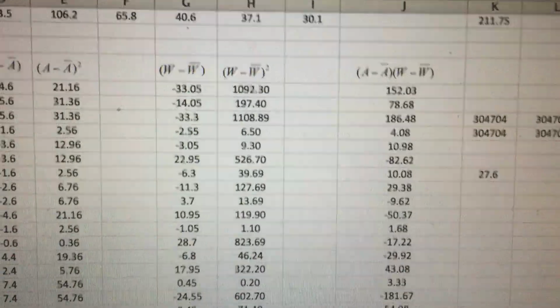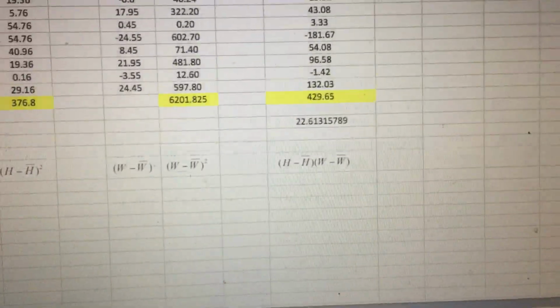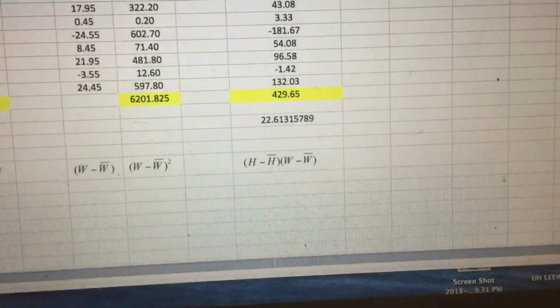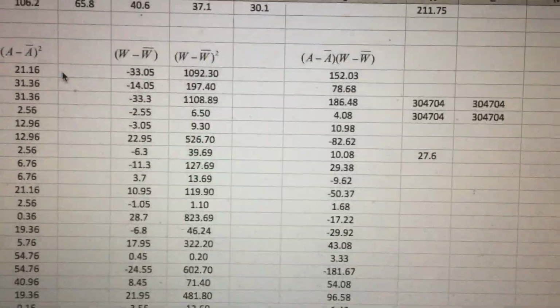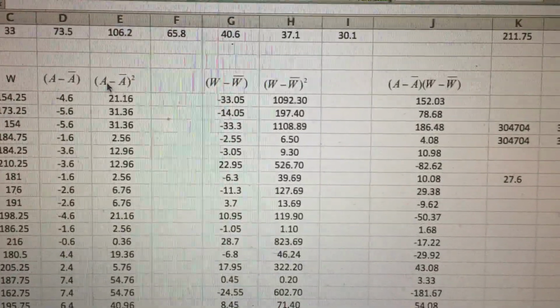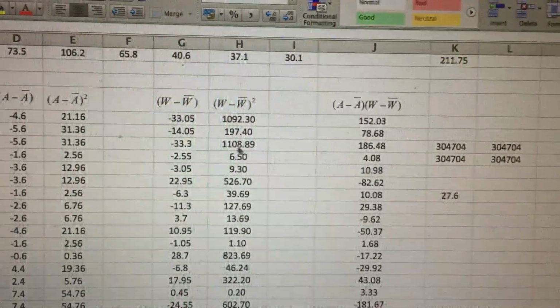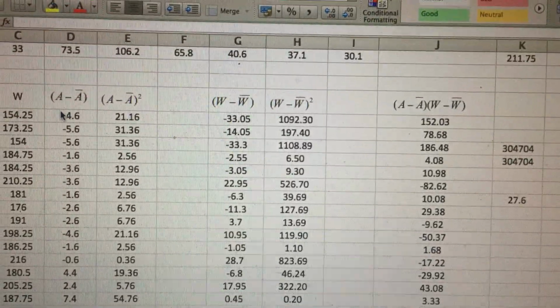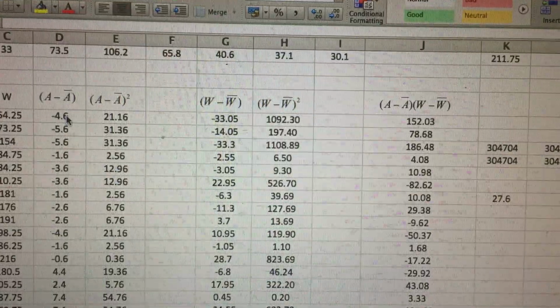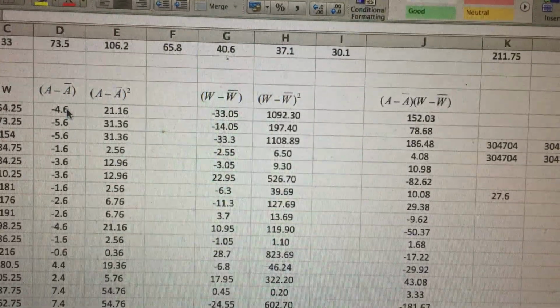How did I get that? We had done this on here. We took the age minus the age's mean, oh, no, sorry, not squared, just the regular age minus the age's mean, which is minus 4.6.